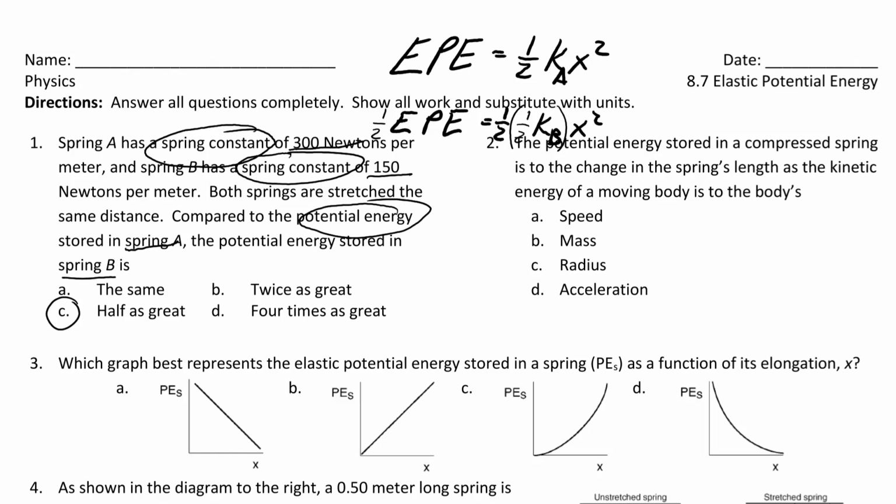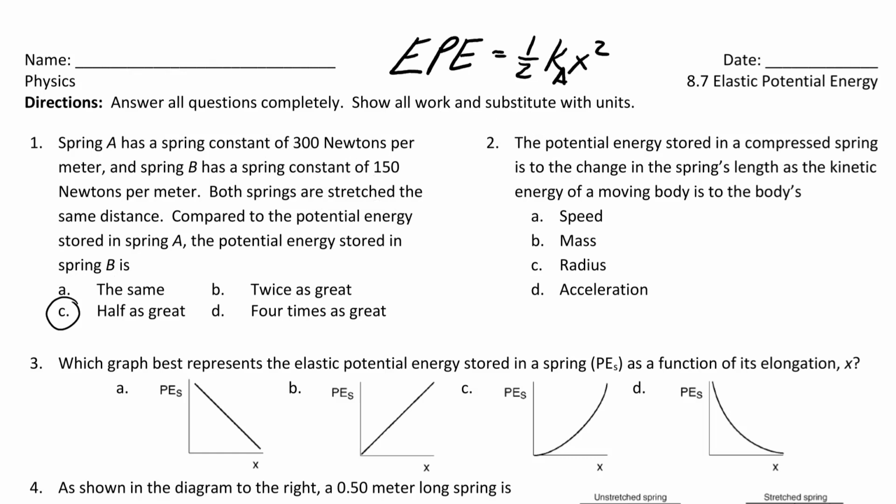Okay, moving on. Number 2 says the potential energy stored in a compressed spring is to the change in the spring's length, as the kinetic energy of a moving body is to the body's what? This is kind of like an SAT type question. Let's see. The potential energy stored in a spring is to the change in the spring's length. So you have the elastic potential energy is 1/2 kx squared.